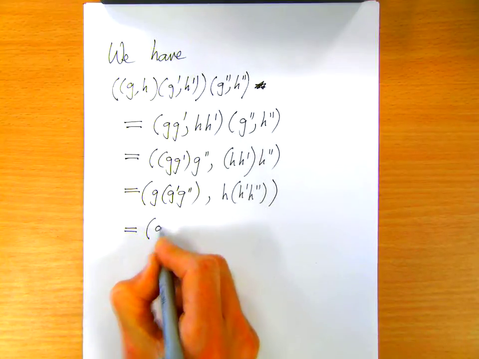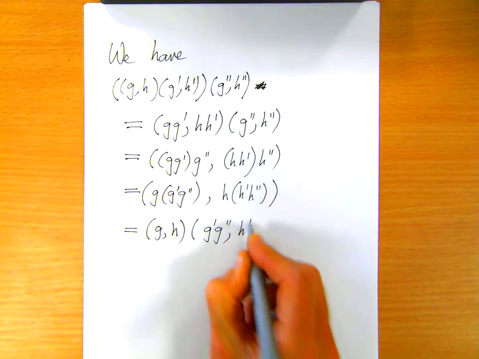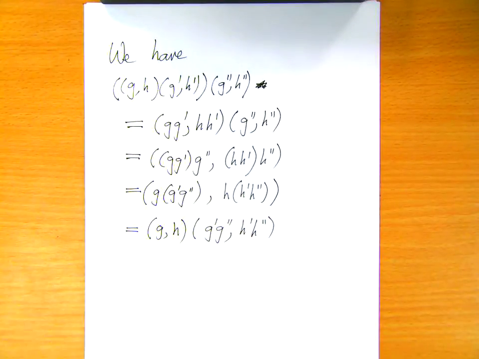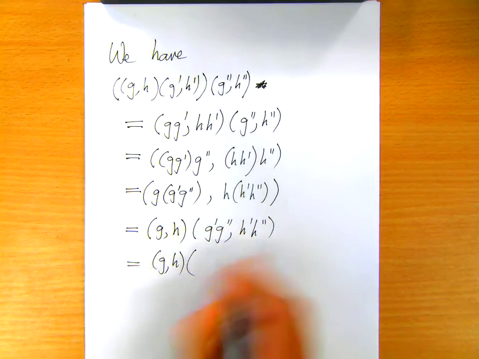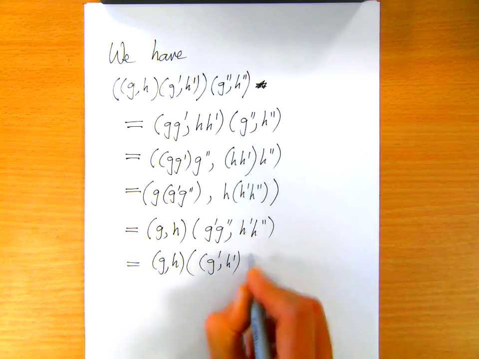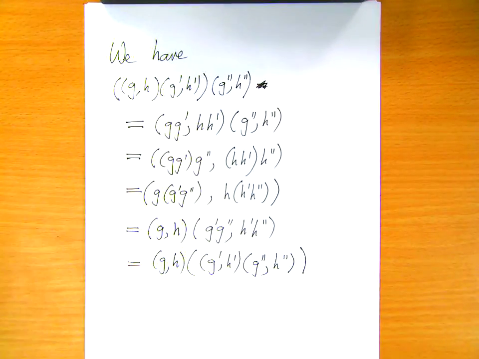So this is (g, h) times (g'g'', h'h''). We're coming out backwards now. That's using the definition of the binary operation in G cross H. And then we just do that again. So that's (g, h) times ((g', h') times (g'', h'')). Again, using the definition of the binary operation in G cross H, just on this second bit.